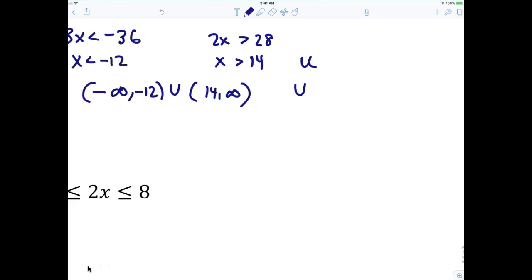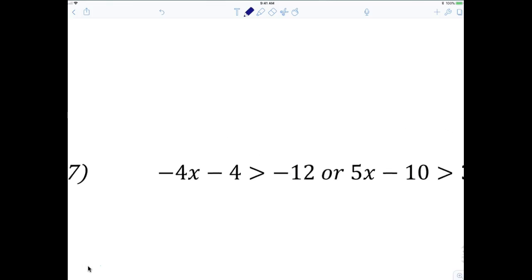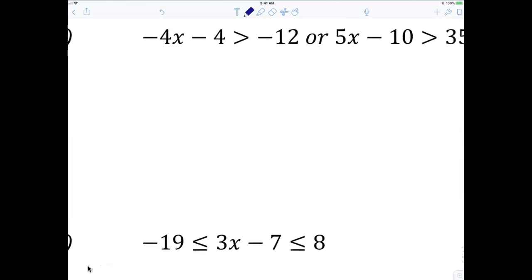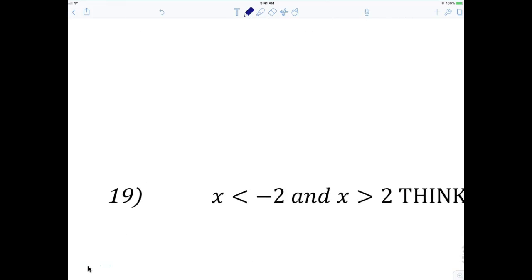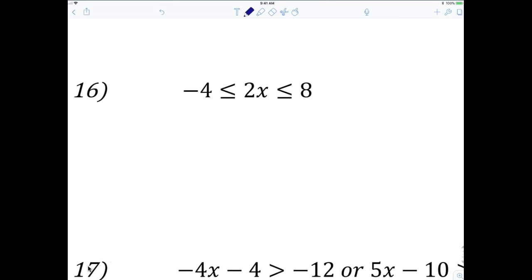That's what union means. All right? So let's go ahead and do, bless you, 16. Here we go. So the only thing I need to do on 16 is what?